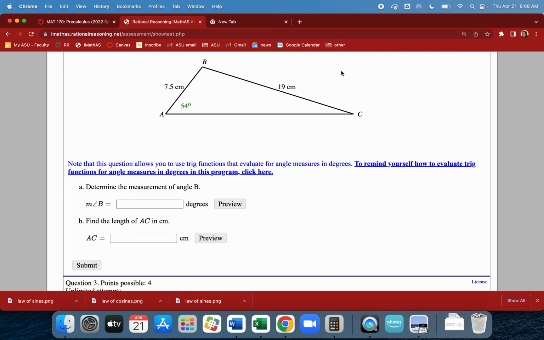Everybody's got the same diagram, and some slightly different angles for angle A are going to be given in your homework assignment. But if you can solve for one piece, after that you have two side and angle pairs. You can always find the third angle by subtracting from 180 degrees, or if it happens to be labeled in radians, subtracting from pi radians, because pi radians is the same as 180 degrees. We don't normally think of the angles of a triangle adding up to pi, but that would be true if we're working in radians.